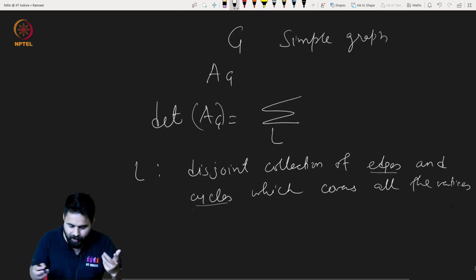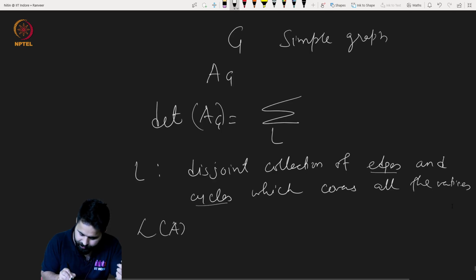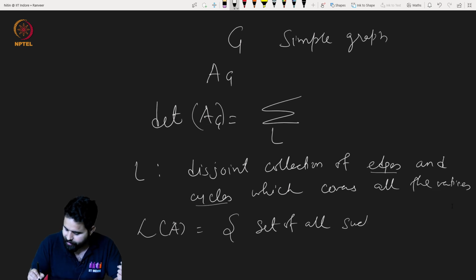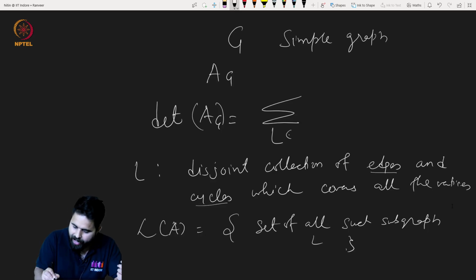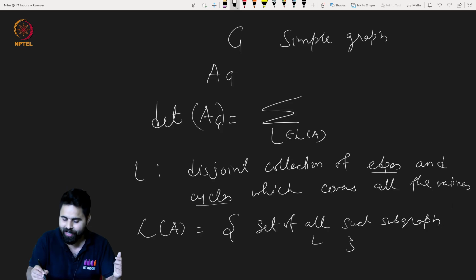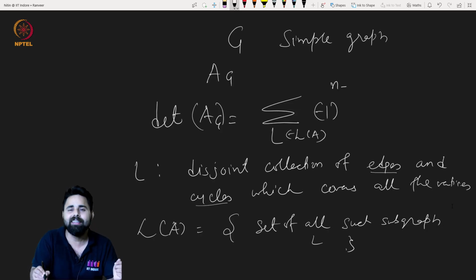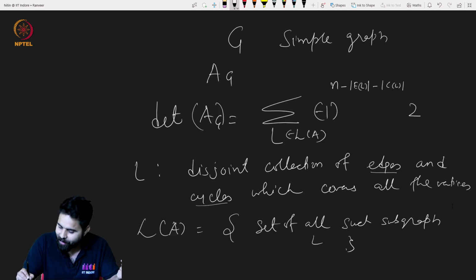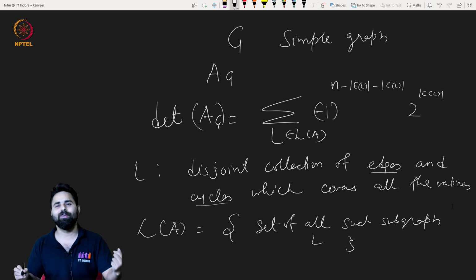Suppose the set of all such subgraphs, or cycle covers L, is denoted by L_A, so L belongs to this set. The term is n minus the number of edges in L minus the number of cycles in L, times 2 raised to the power c(L). Why is this true?